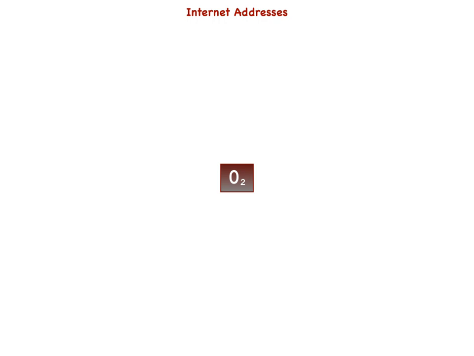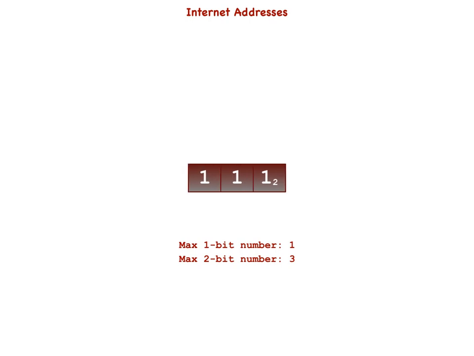We know that for any 1-bit binary number, that number can be either a 0 or a 1. Thus, the maximum 1-bit number, when converted to decimal, equals 1. The maximum 2-bit number, when converted to decimal, equals 3. The maximum 3-bit number equals 7.